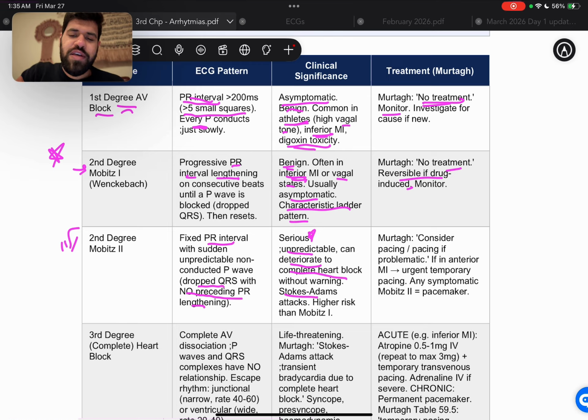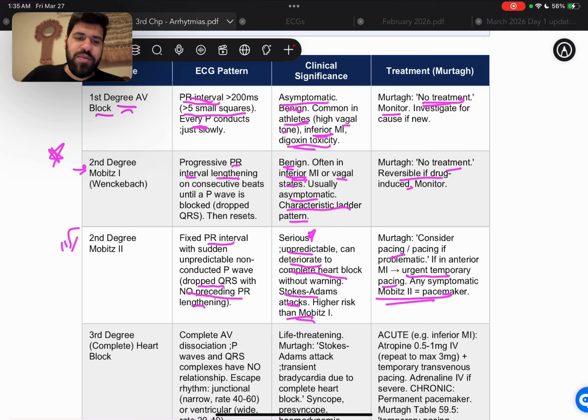So Stokes-Adams attacks, and higher risk than Mobitz type 1. So we consider pacing if this second degree heart block is problematic. If inferior MI, we have to do urgent temporary pacing, and any symptomatic Mobitz type 2, we have to get them a pacemaker, because you don't know when suddenly it's going to stop.